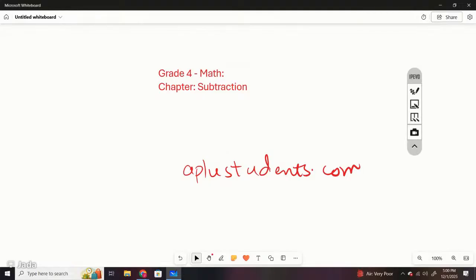Then you have to select math from the subject tab. Scroll down to grade 4 math and then click on view all lessons. There you can find a list of the chapters. We're going to start with the chapter Subtraction.